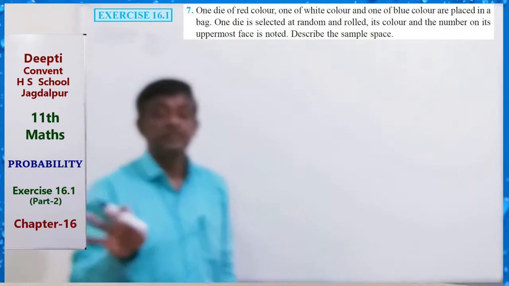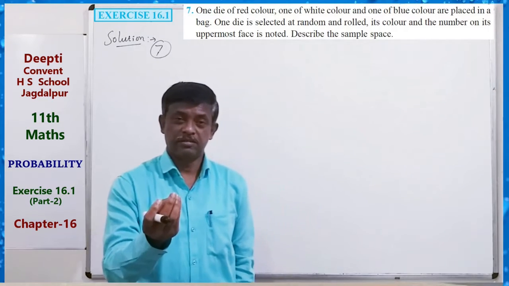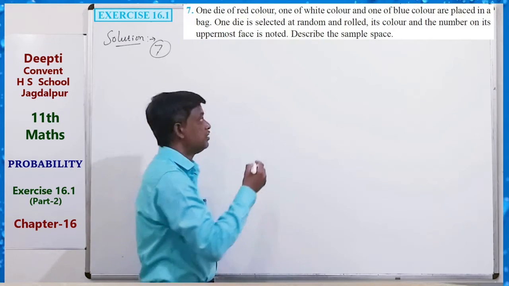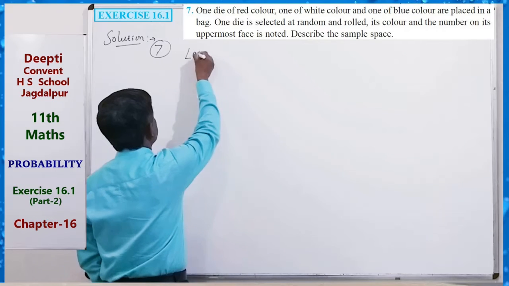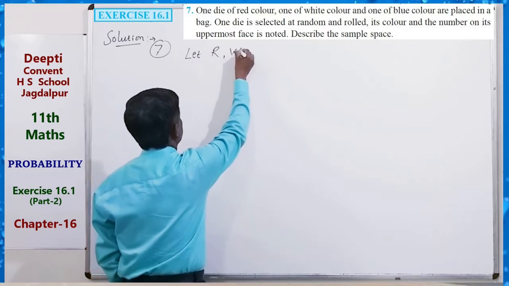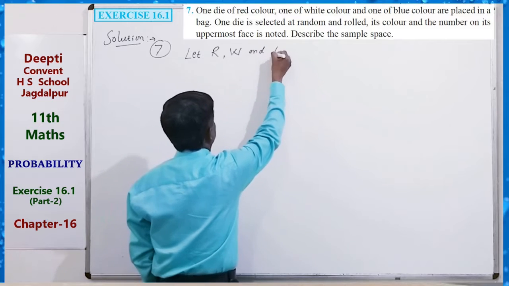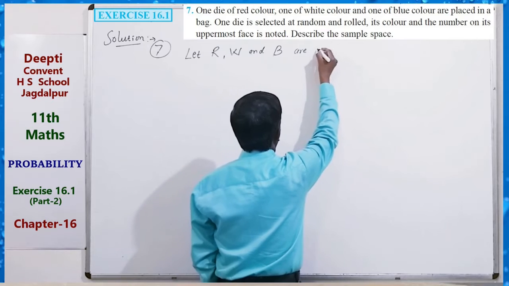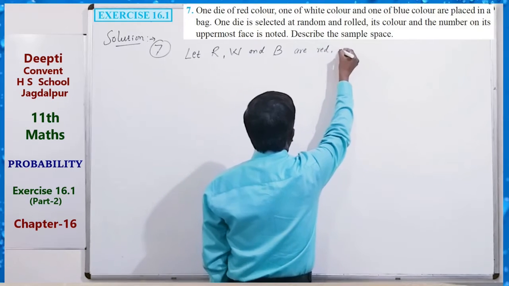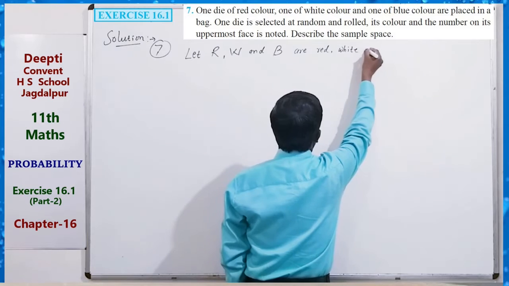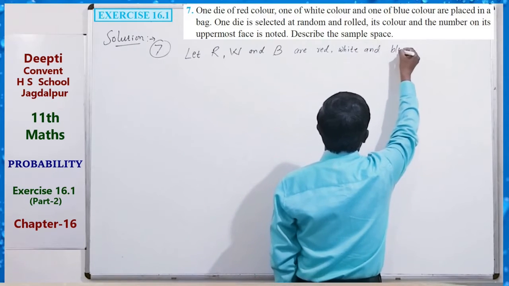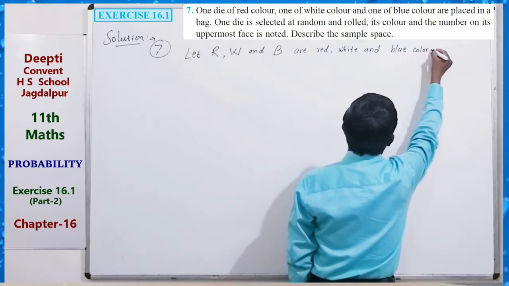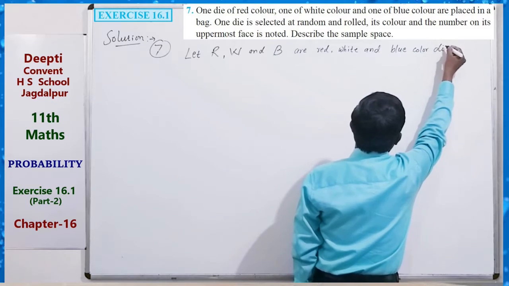Let us suppose that R, W and B be the red, white and blue color die.